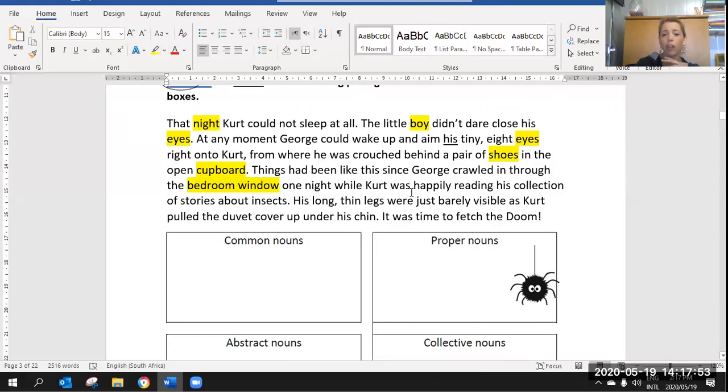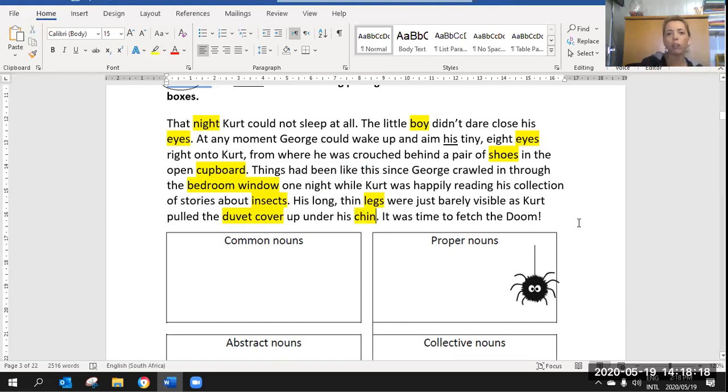One night, while Kurt was happily reading his collection of stories about insects. So let's leave collection of stories for now and let's focus on the most obvious common noun, which is insects.